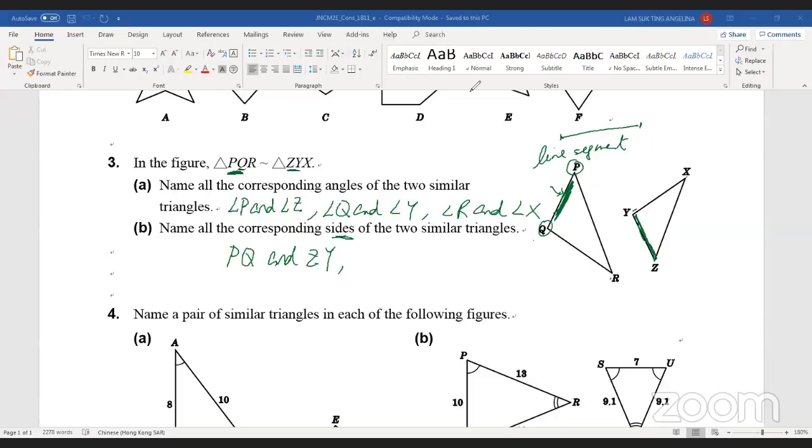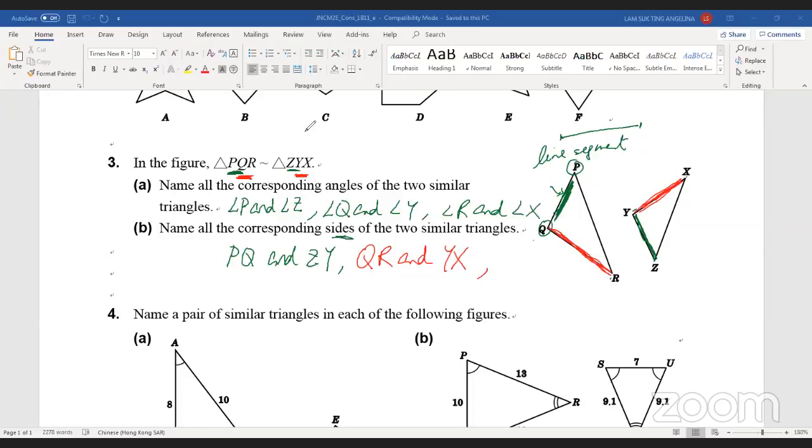And then the next pair, for example, QR. If you just look at the names, QR corresponds to YX. Therefore, I have QR and YX, comma.